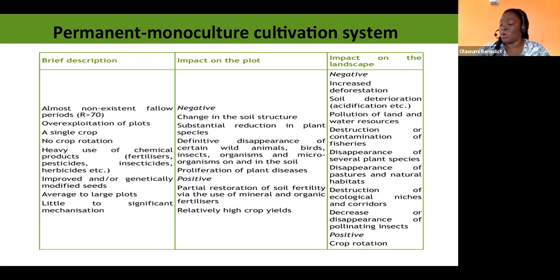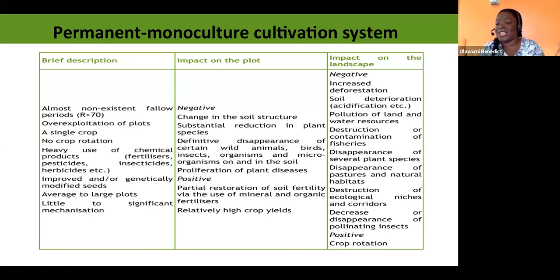There's no diversification on your plots, and there's heavy use of chemicals in this permanent monoculture, because you are doing one single crop. And so there is increase in the use of chemical products because there are no natural ways that can help your farm.